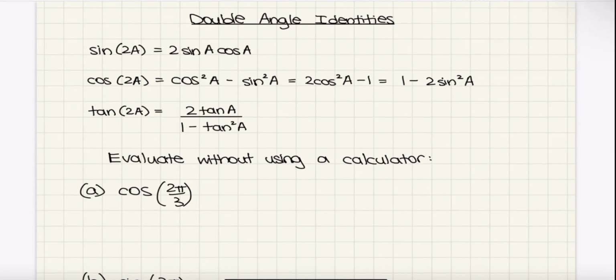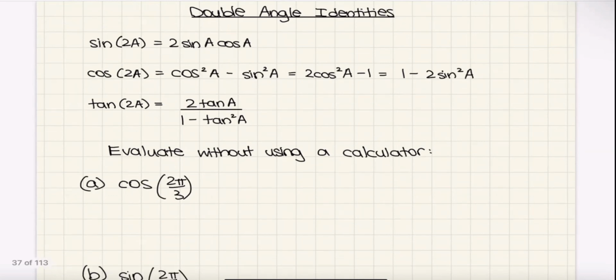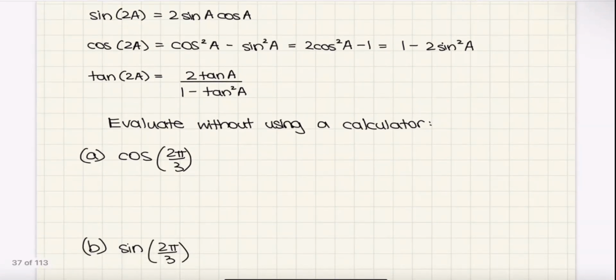So let's start with the first one, cosine 2 pi over 3. To do this, let's first break this down into the fact that this is the same as cosine of 2 times pi over 3. So that would make the angle A, in this case, pi over 3.